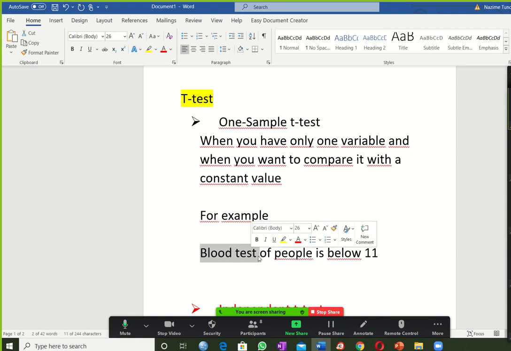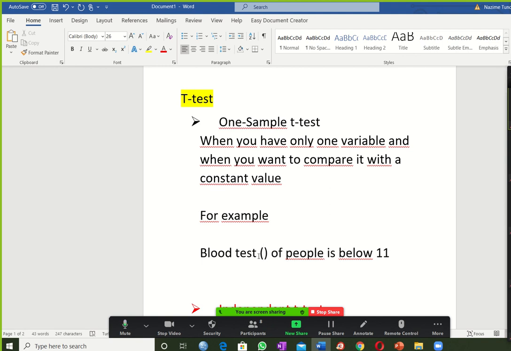Okay, if it is a variable, the variable name cannot have an empty space. So we write it in a statistical program like blood test without any space.